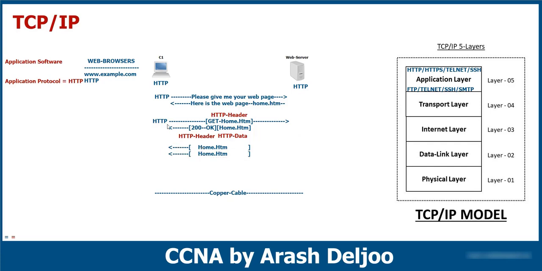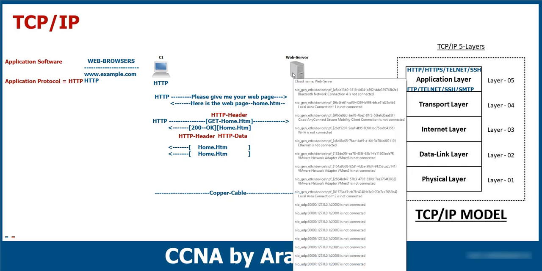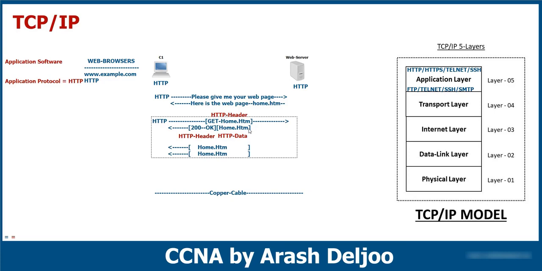Look at here, I sent get home.html, which means I sent a GET message, one of the HTTP messages, to the web server. The web server first verifies its content and finds that it has this web page. So it sends me, in the HTTP header, the OK code and some other information.